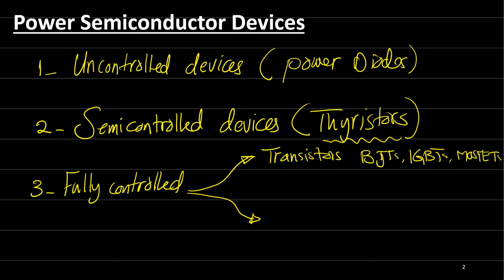Number two, the other type of thyristor, which is the controlled thyristor, the GTOs, gate turn-off thyristor. This type of thyristor can be categorized under the fully controlled devices. Let's talk briefly about each one of these devices and see how each operates within the power electronics context.